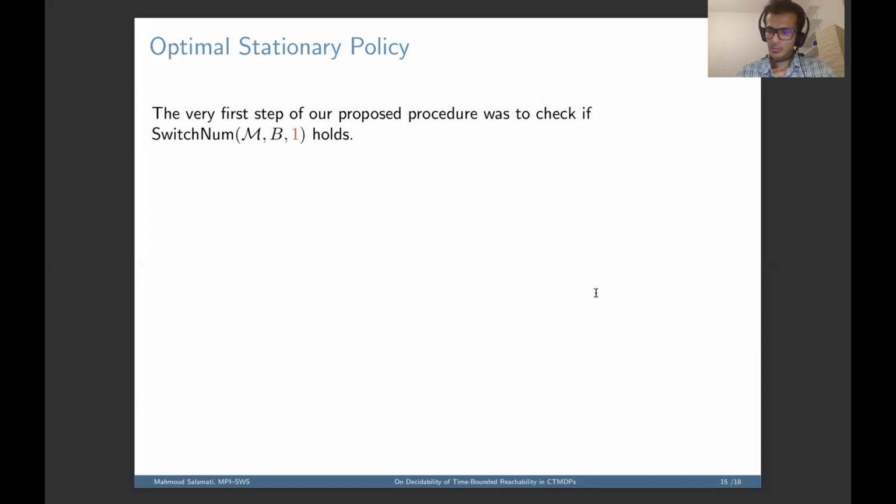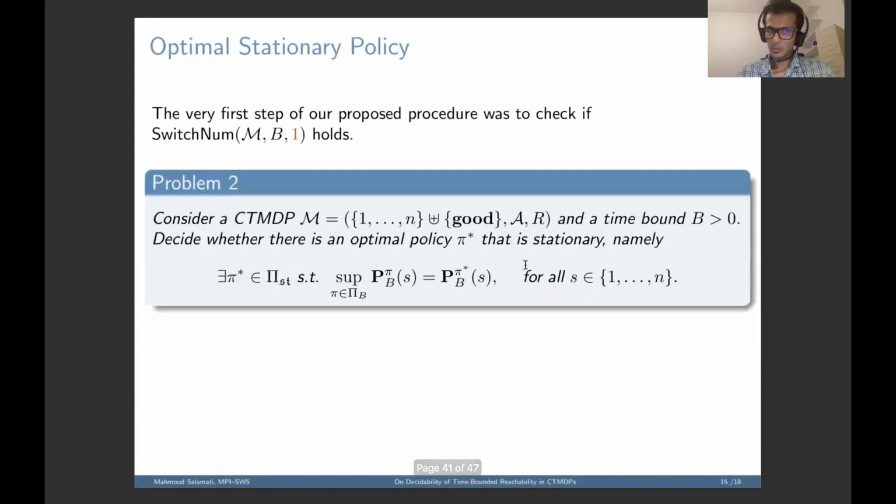And this question is mainly equivalent to the statement of problem 2, which asks, given a CTMDP with n+1 states, including a marked state as good, and a corresponding set of actions and rate function, we want to decide whether there is an optimal stationary policy for the given instance of the time-bounded reachability problem.